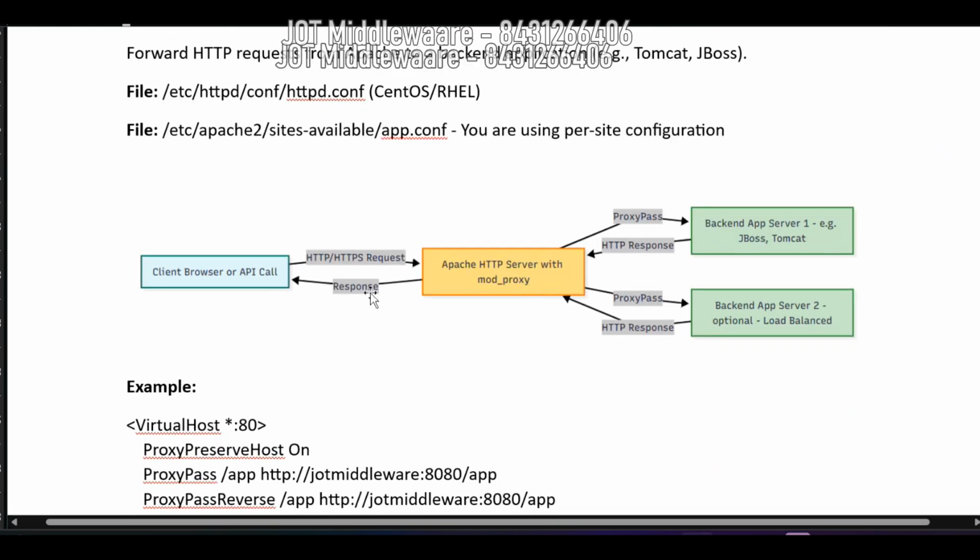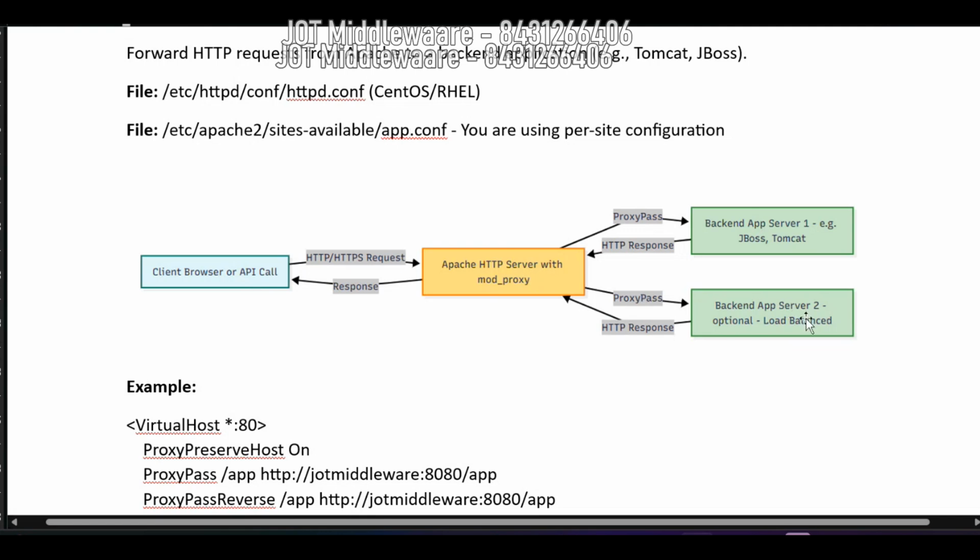So how does mod_proxy work? We have Apache HTTP server with mod_proxy. A client or API sends the request, whether HTTP or HTTPS. This will use the mod_proxy rules to proxy pass the request to the backend application server, receive the response, and send the response back to the client.